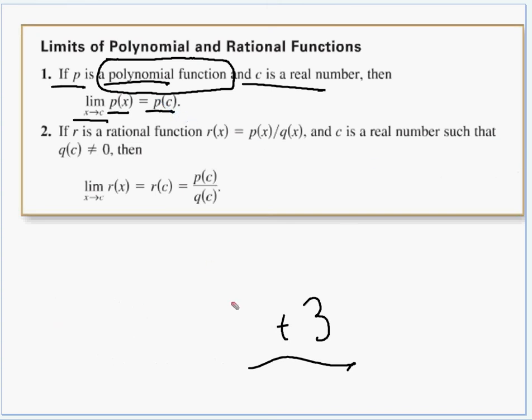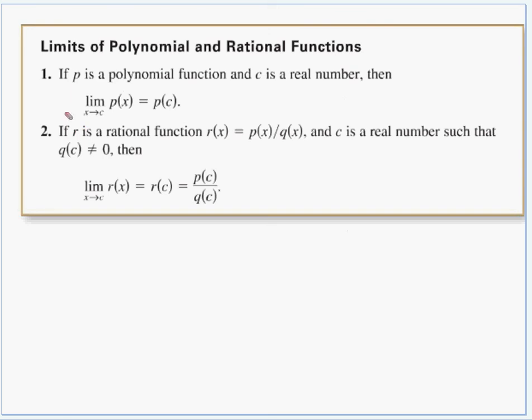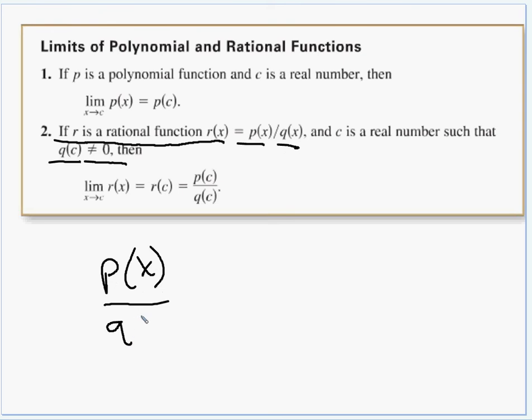Part 2 says it's always going to work on a rational function as long as your denominator is non-zero. So part 2, r is a rational function. R of x is p of x over q of x. So p of x is our numerator piece, and q of x is our denominator piece.